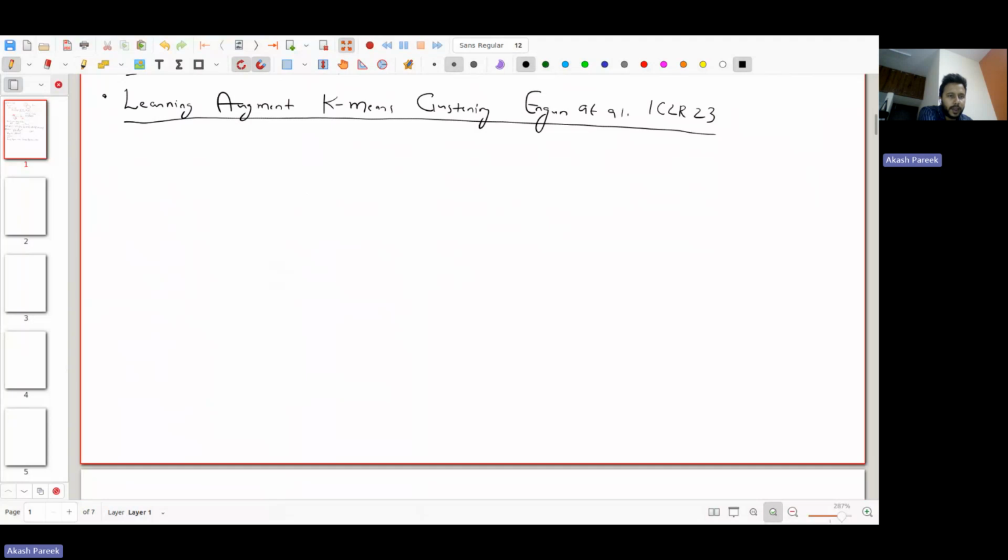We'll denote the points as P and centers as C. Our cost function is exactly still the same. This is the cost function that we want to minimize: for each point in P and each center in C, where each point in P is in R^r.